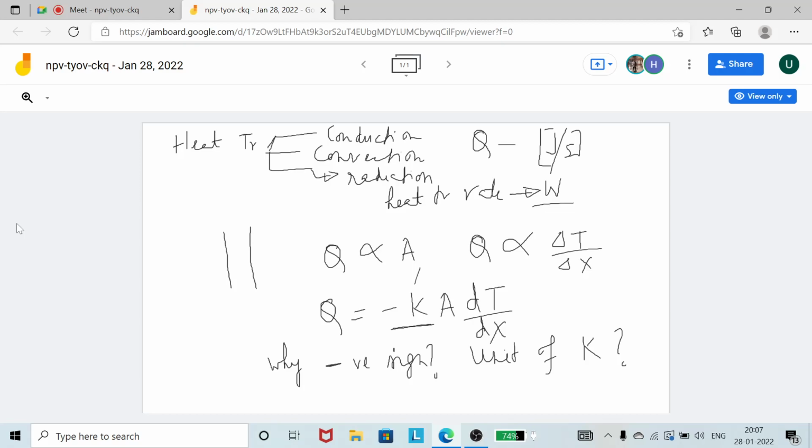So can you tell me what is the unit of K? What is the unit of thermal conductivity? Shayak, can you tell us what is the unit of thermal conductivity?